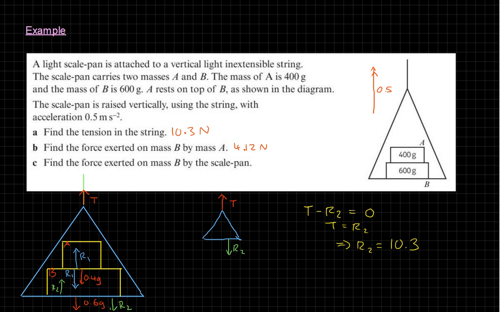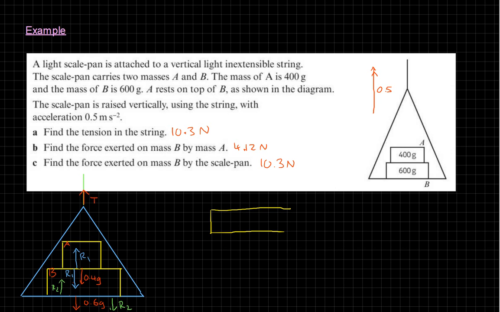So that's our answer, but let's do it the slightly more complex way, but hopefully this will illustrate that everything should always be internally consistent. Okay, so instead of considering the scale pan, let's consider the big box B. Okay, so this is the big box. What are the forces acting on the big box B?